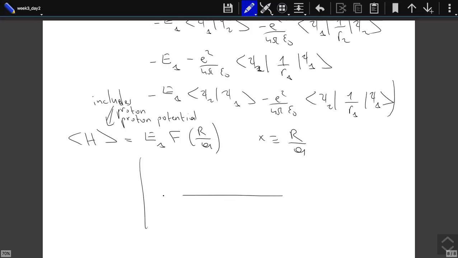Now, if you plot this function f of x as a function of x, which is just the ratio of the Bohr radius to the separation between the protons, this is minus 1. So this function just has such a behavior.